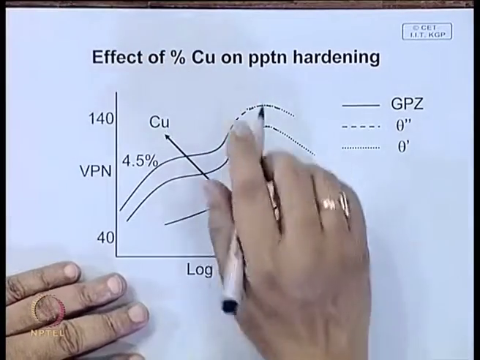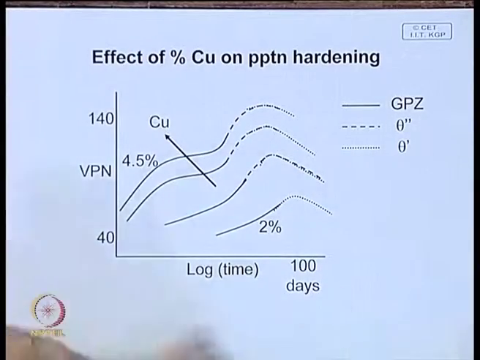Now, when this process of precipitation takes place, you have different types of precipitate forming in the matrix, and obviously, when these precipitates form in the matrix, what will they do? They will make the process of deformation more difficult, because we have learned that metals deform by movement of dislocation.